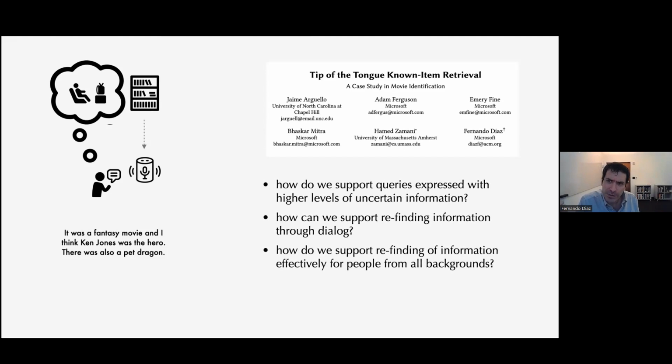We might also leverage dialogue or interaction with the user in order to help disambiguate some of that uncertainty and resolve it. And then finally, especially in the movie context, we're talking about cultural goods, so we want to make sure that we're supporting the refining of information robustly across different cultures, that we're not privileging any cultures that are well dominated in whatever catalog we're searching from.